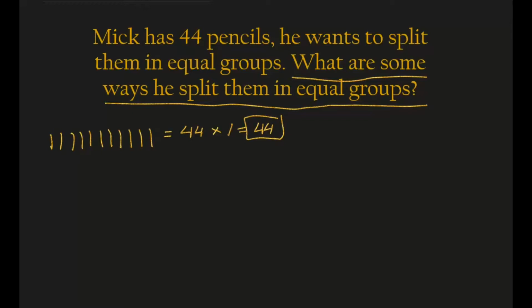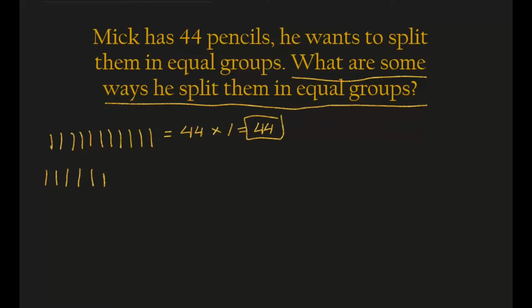And then we can keep doing this. We can do 2 groups of 22 pencils. So we have 4, 8, 12, 16, 20, and then a smaller line, 22.